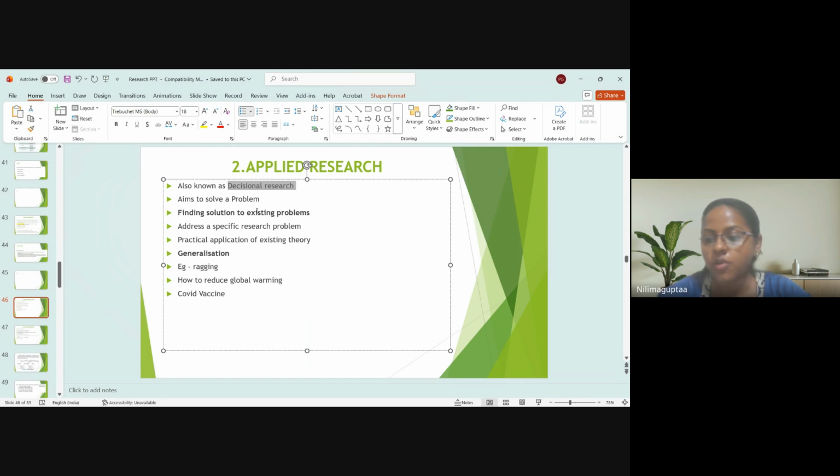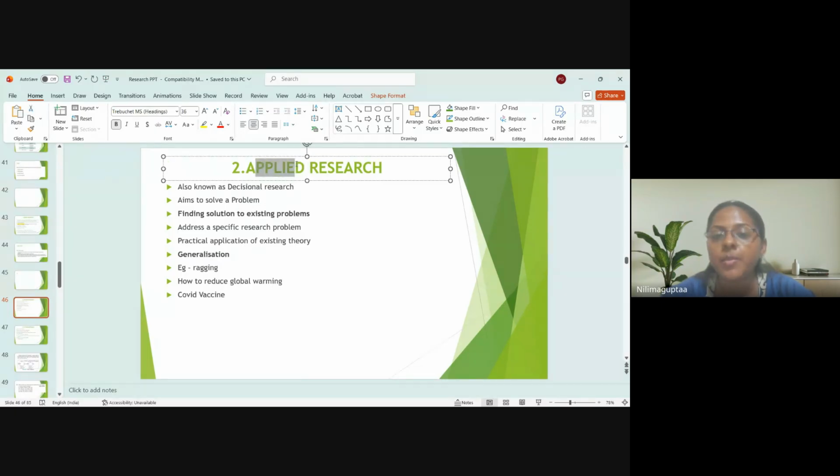It aims to solve a problem and find a solution to an existing problem, because now we are applying it. Obviously after application we will find certain solutions. We will address any specific problem we are looking for in that research. It is the practical application of existing theory from the basic research.